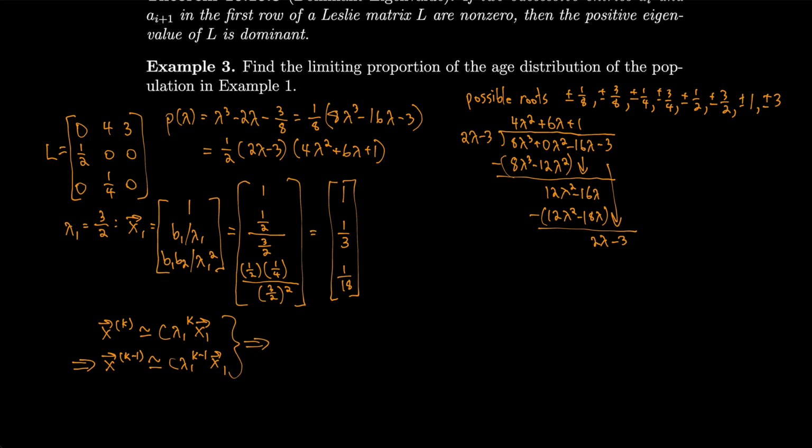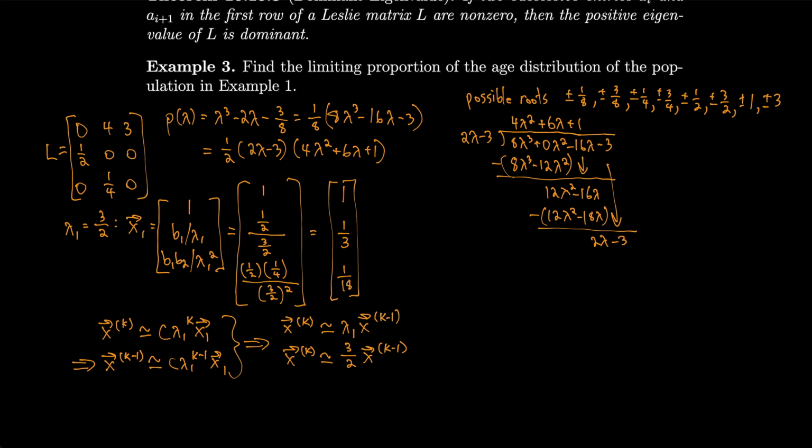So those two facts together tell us that xk should be about lambda 1 times xk minus 1, and xk is therefore approximately equal, in our case, to 3 over 2 times xk minus 1, right?